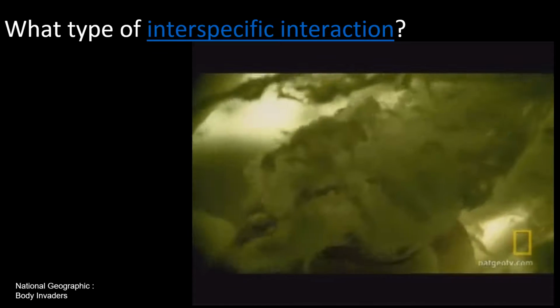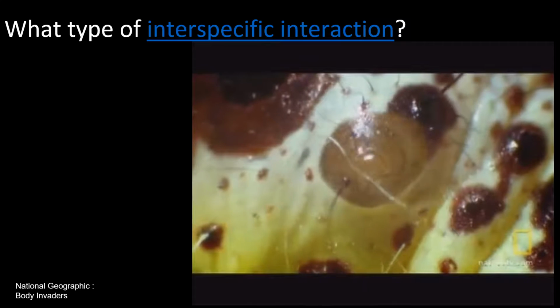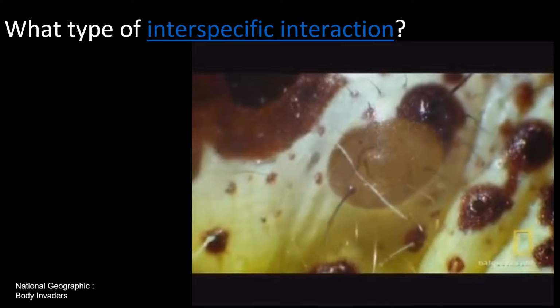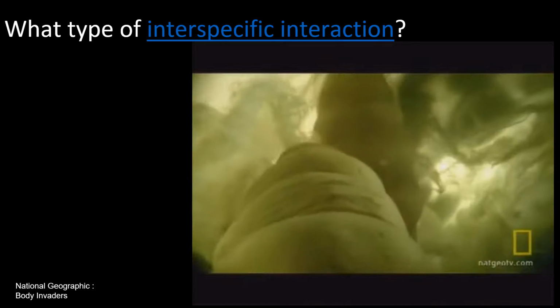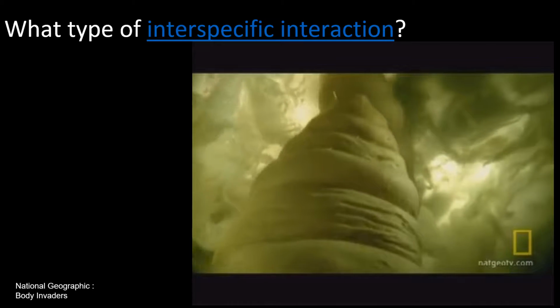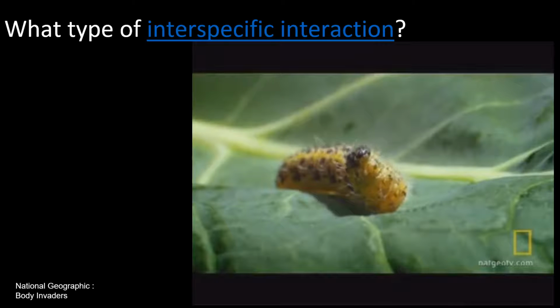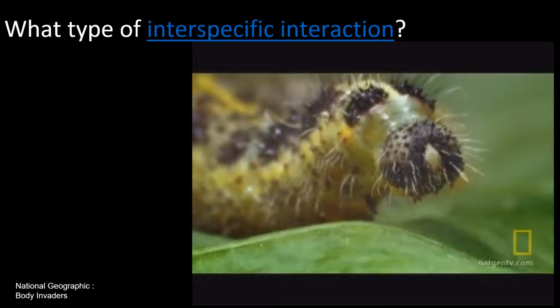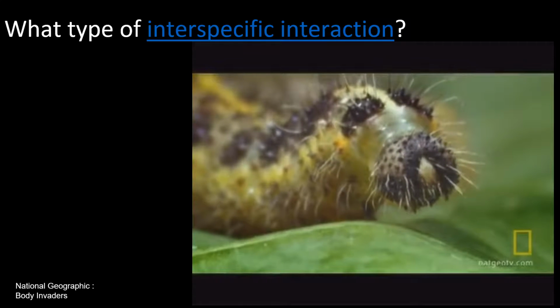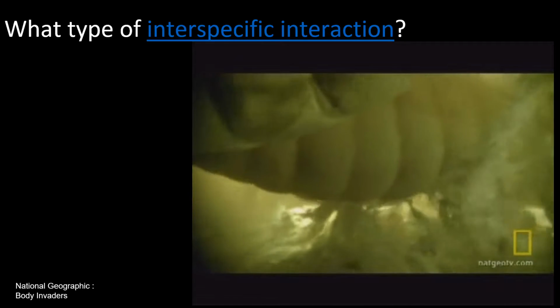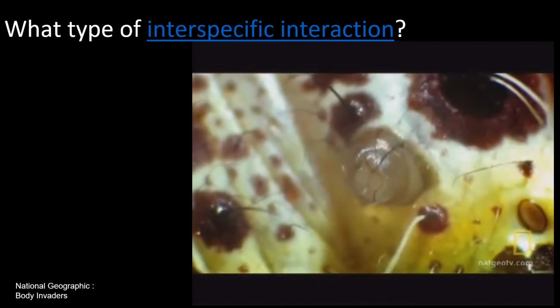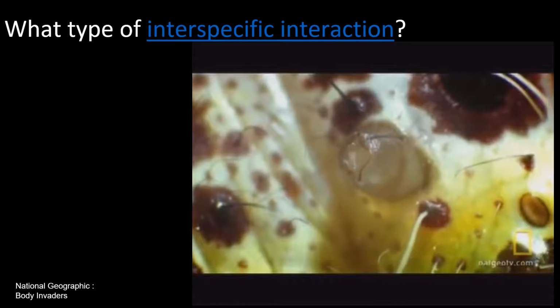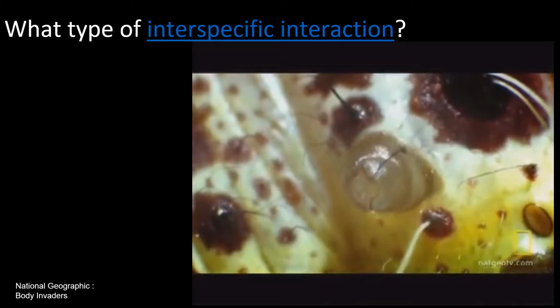Stroke by stroke, the larvae slice through the tough layers of skin. At the same time, they release chemicals that paralyze the caterpillar. As the larvae break through, there is nothing it can do.